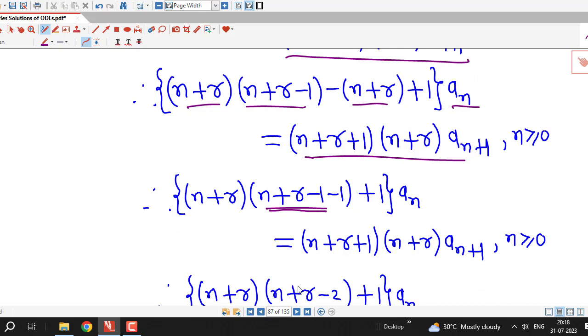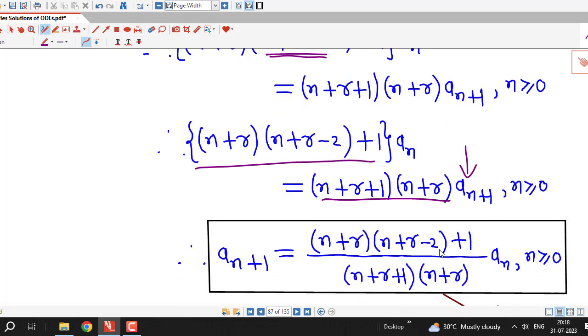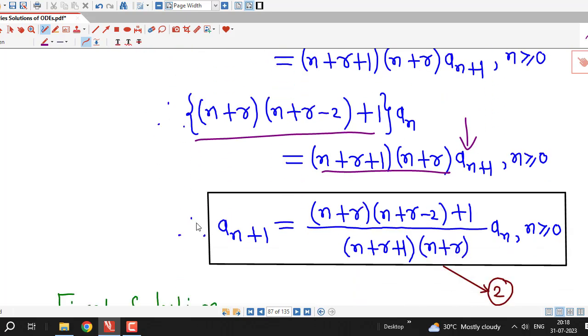This will give me n plus r minus 2 plus 1 an equal to this quantity, and from this I can write an plus 1 equal to this quantity divided by this quantity times an, and this is given as number 2. This is the recurrence relation.